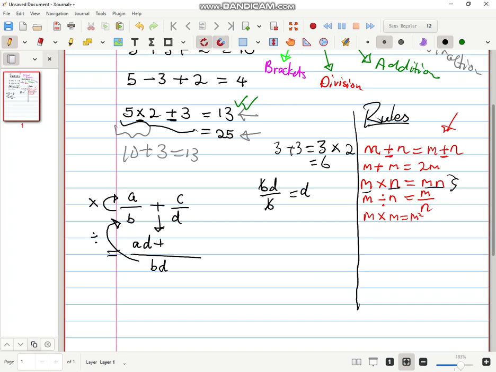And then you come back again here and say, okay, bd divided by d, d is going to cancel d. Every time you have two things that are the same, one at the top and the other at the bottom, separated by multiplication between them, you're going to cancel them.